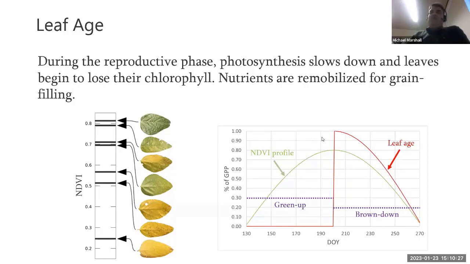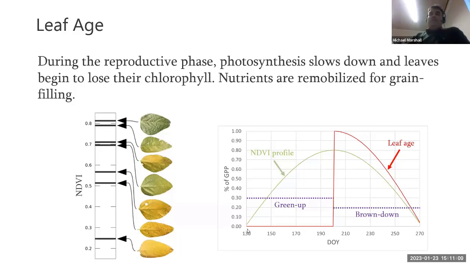So what this function here on the right does in crop yield models is it accounts for this change due to greening up and browning down. And so what it's showing here is the change in GPP, the biomass accumulation versus the day of year. And so this is just an illustration of a common NDVI profile, right? Sort of green up phase, brown down phase. The peak NDVI here corresponds to the reproductive phase when there's organs for reproduction being formed, and eventually grains will fill, and that's your yield.